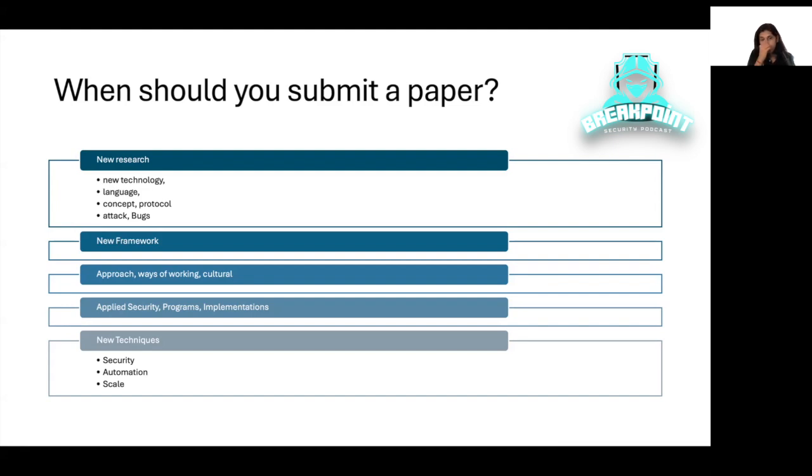You also have applied security. You have various ways of working, because in defensive security, as in contrast to offensive security, we are working with a lot of teams, engineers, you're working with vendors, you're working with various groups in the community, and so on and so forth. It makes sense whenever there are newer ways of working which are highly effective that you have found, which will impact enterprises at scale.